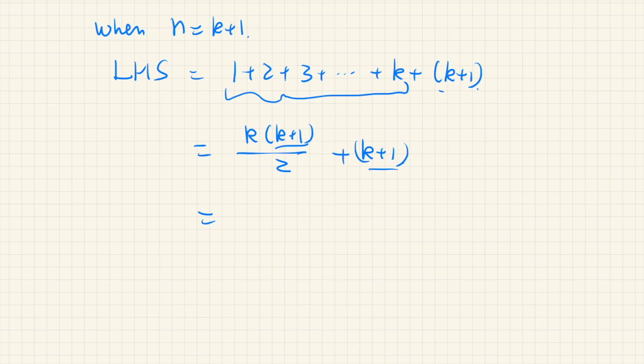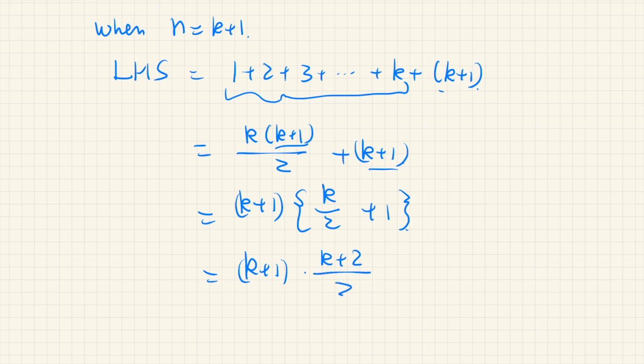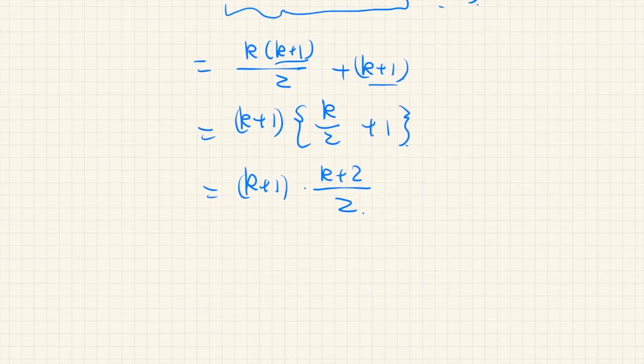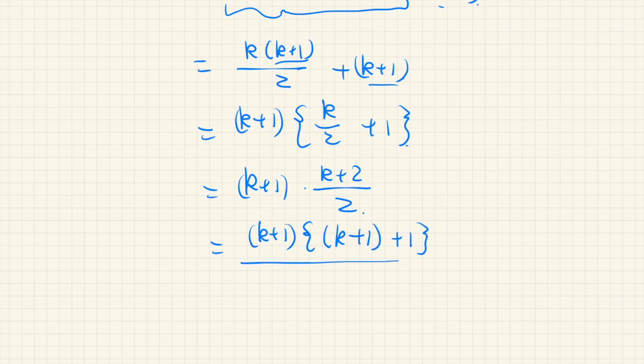Now we have a common factor k plus 1 in both terms, so let's factorize. So k plus 1 times k over 2 plus 1, right? So that is k plus 1 times k plus 2 divided by 2. Okay, so we have k plus 1 and k plus 2 is k plus 1 plus 1, divided by 2.